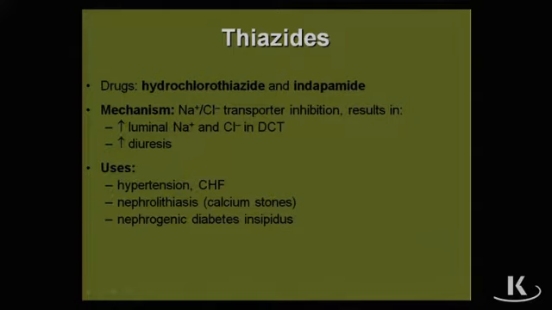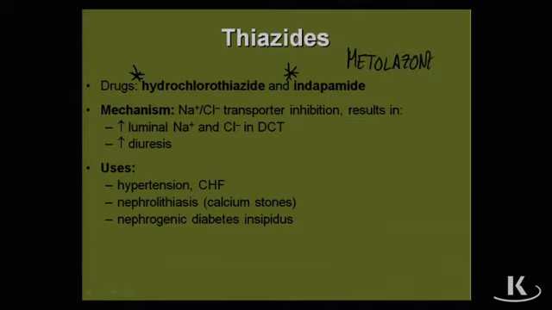Contrast this to our loop diuretics that caused a hypocalcemia, and you now have a salient feature of a thiazide diuretic. So here is in text what drugs such as hydrochlorothiazide or indapamide, metolazone would be another one, if you want to write it in here with me.